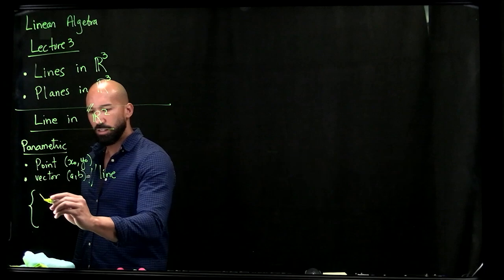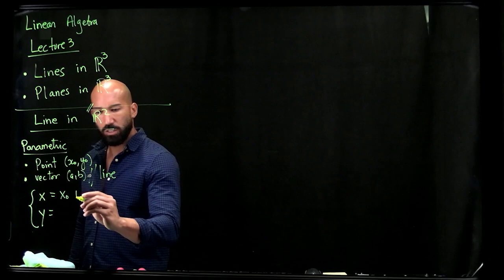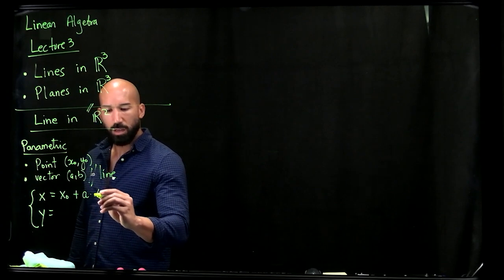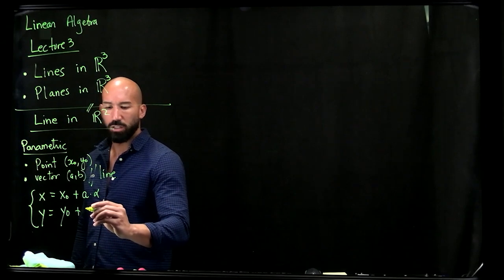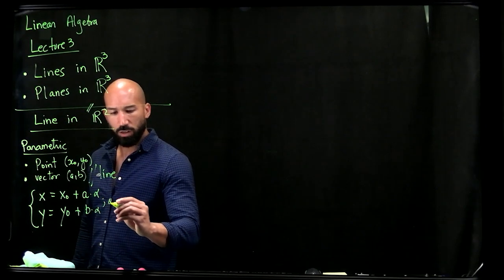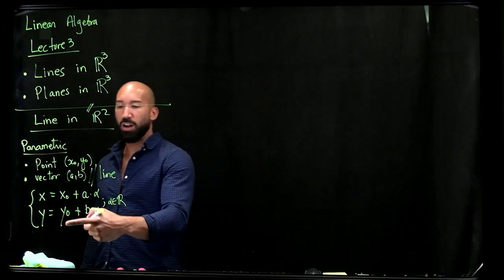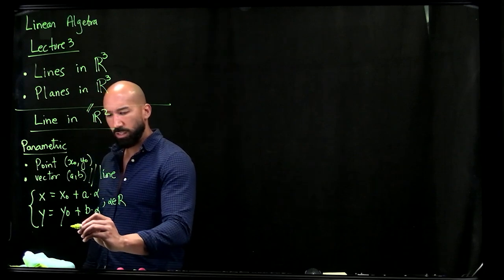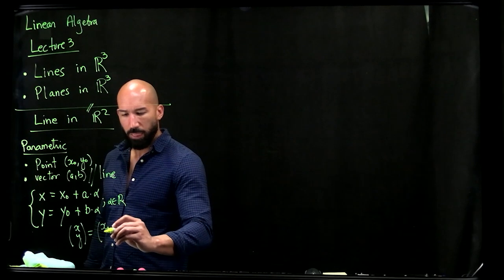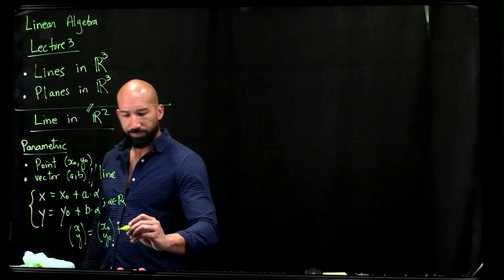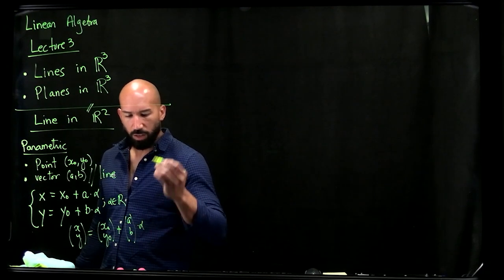And the equation is x equals x0 plus a times alpha, y equals y0 plus b times alpha, where alpha is real. But indeed, I'm using a little bit of the language because we have a couple of equations here, but I can write this in a vectorial form this way. I can put the alpha wherever we want.